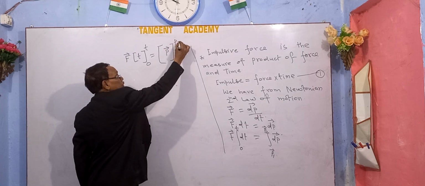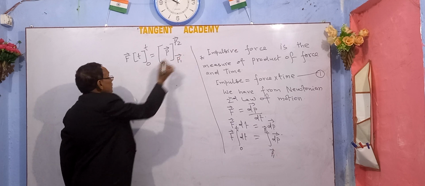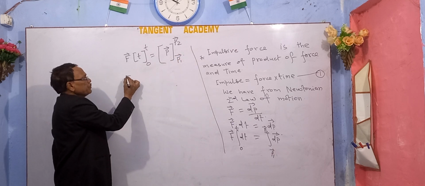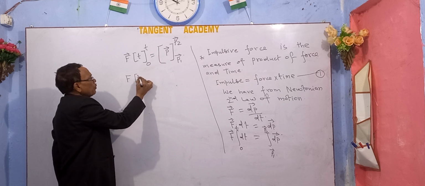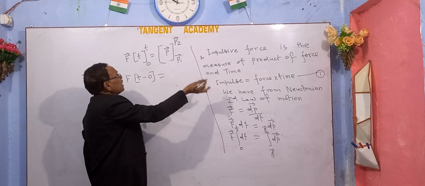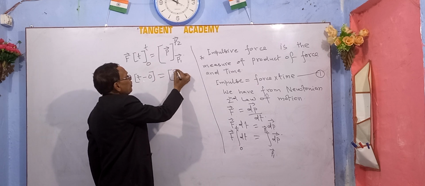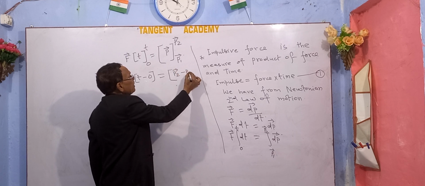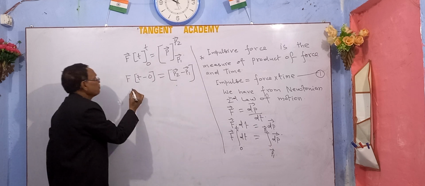So limits are p2 and p1. This will give you F t minus 0 by putting the limits, and on the RHS it will give you p2 minus p1.